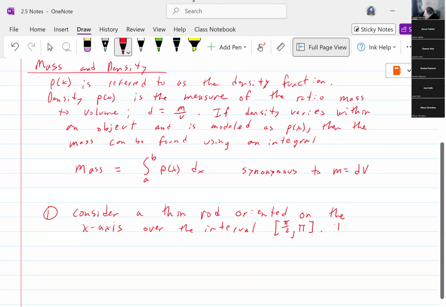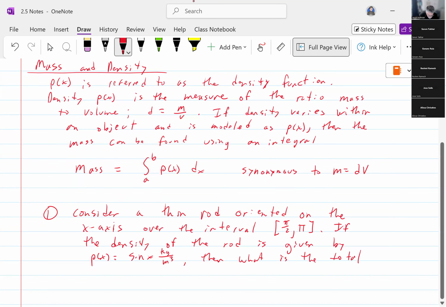If the density of the rod is given by P of x equaling sine of x kilograms per meter cubed, then what is the total mass of the rod?